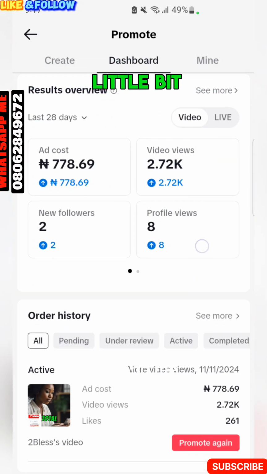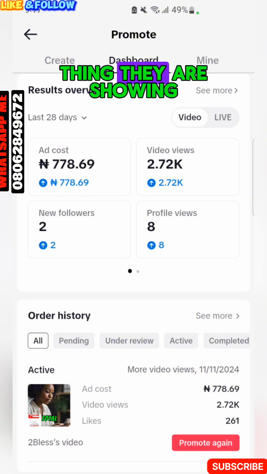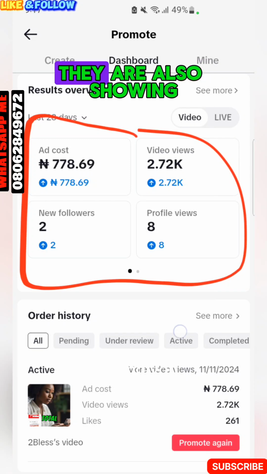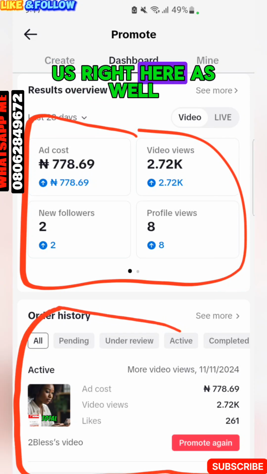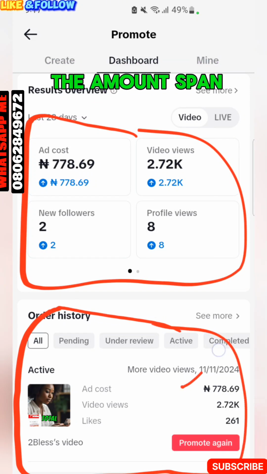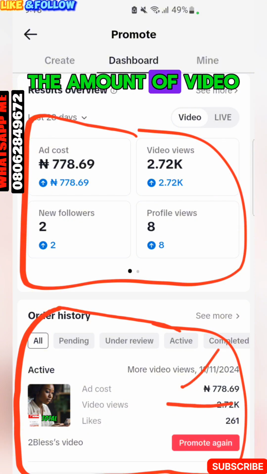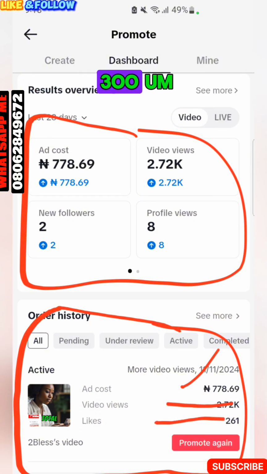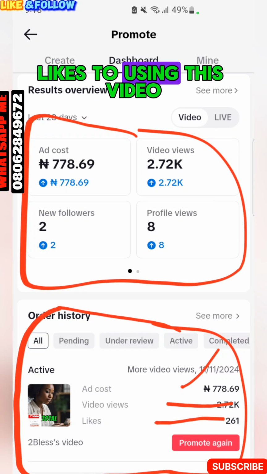Let's scroll down a little bit, let's see more. So basically the same thing they are showing us above is the same thing they are also showing us right here. You can see the amount spent, the amount of video views we got, and the amount of likes. We got almost 300 likes too using this video.